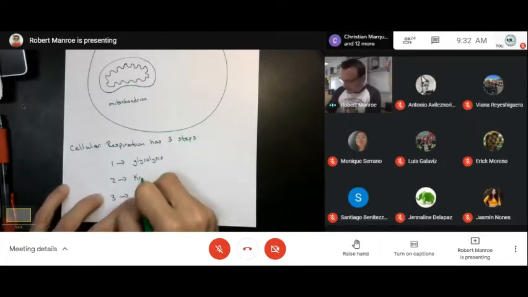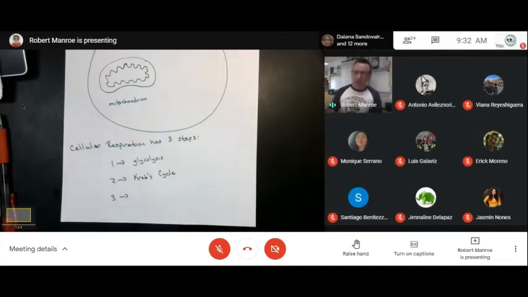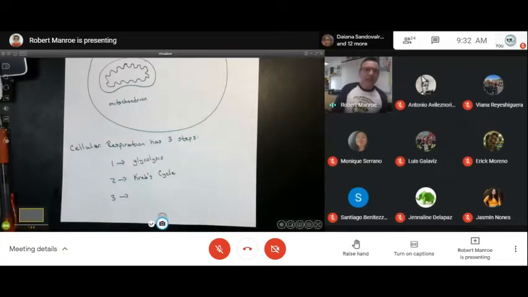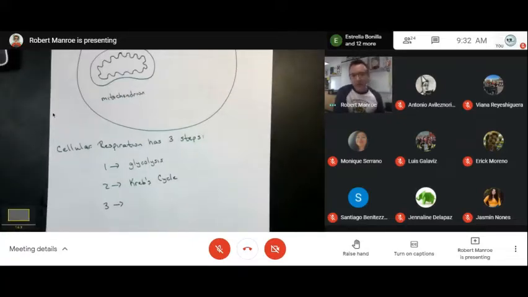The second step is named after the gentleman who discovered it, Dr. Krebs, therefore it's called the Krebs cycle. Krebs is Calvin backwards, okay? Calvin makes G3P and bonds high energy electrons to substrates. So Calvin is very much a reductive process.